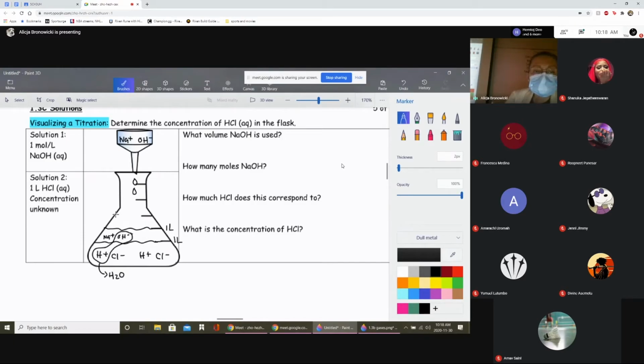So I drip in another liter of sodium hydroxide. So another mole of sodium hydroxide is dripped in. Whoops, I wrote that backwards. Na+, OH-.